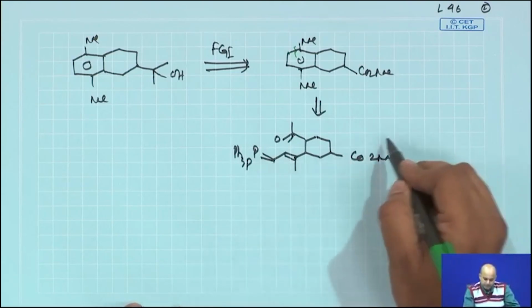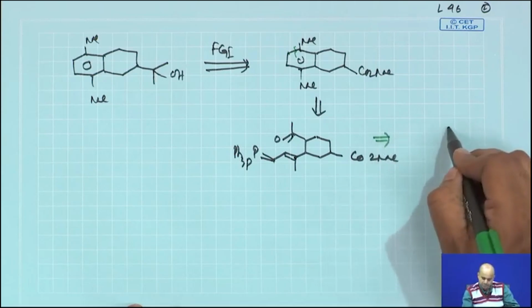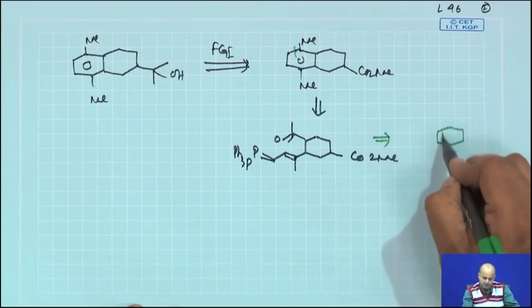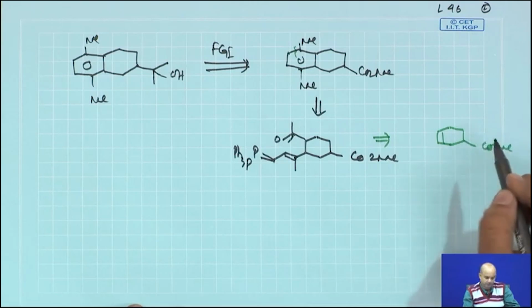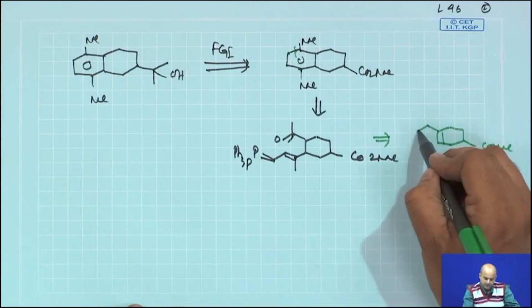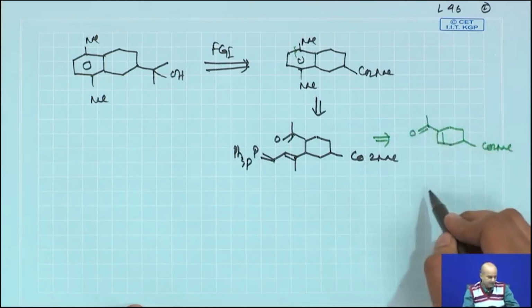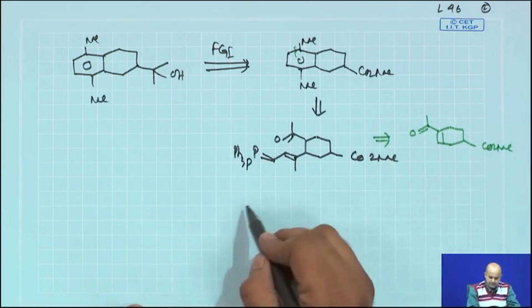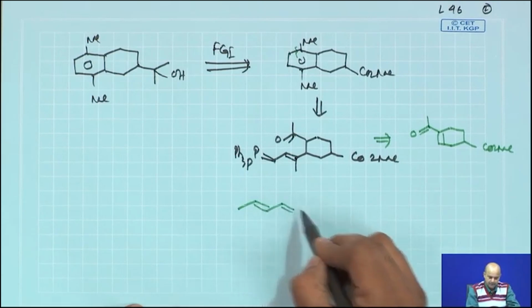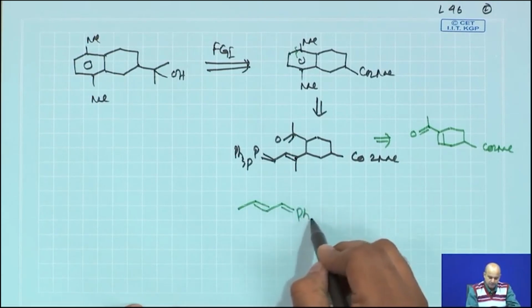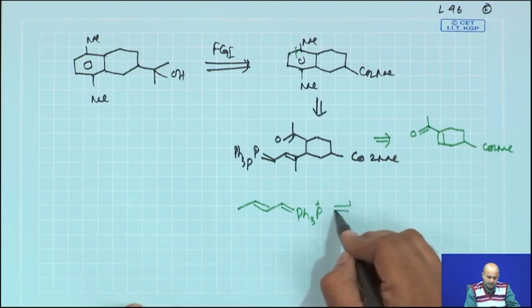Then probably we can see how the starting material was related. I am saying that this starting material can be connected, and now the initial Wittig reagent which was given to you has the structure Ph3P plus. Now, what exactly is this Wittig reagent?